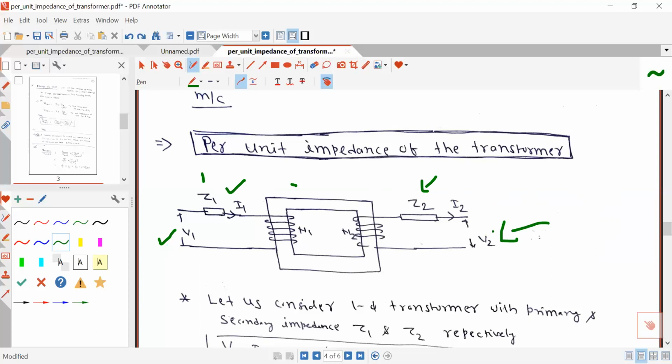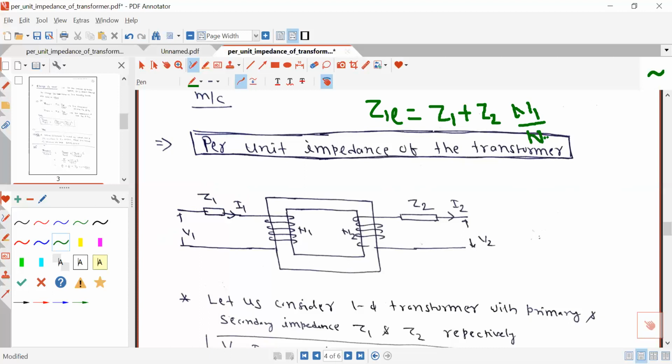Now, in the course on machines, you have already studied that the total impedance of the transformer referred to the primary is equal to Z1 plus Z2 into N1 by N2 whole square.